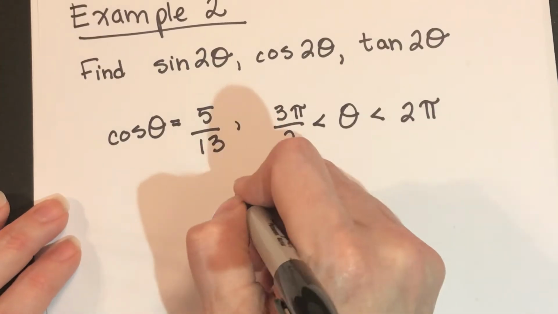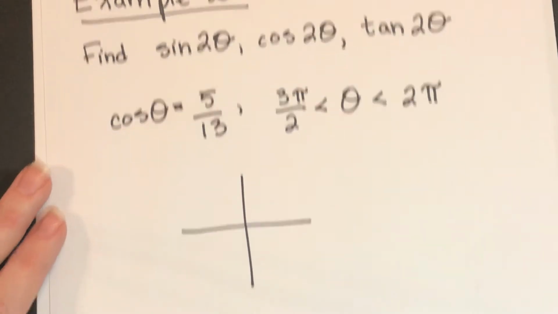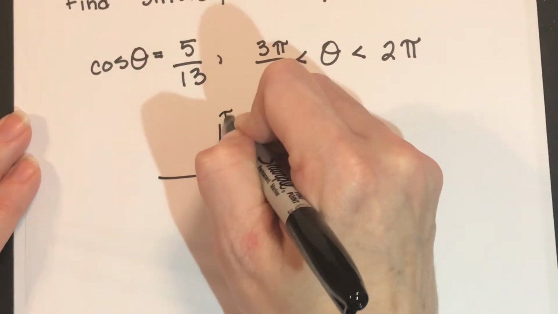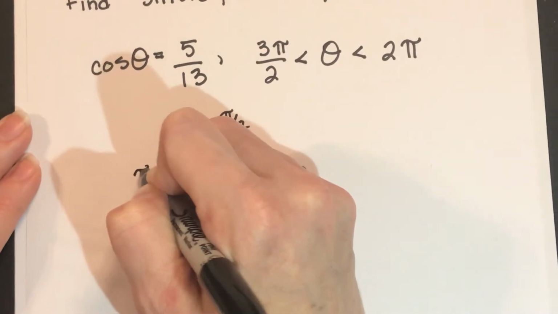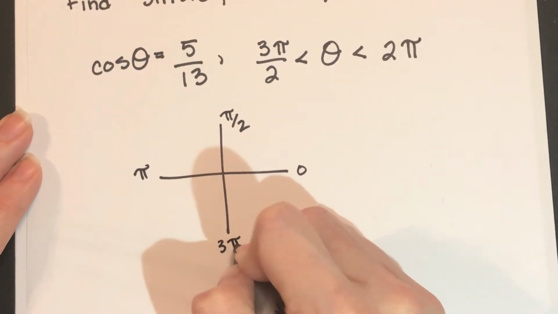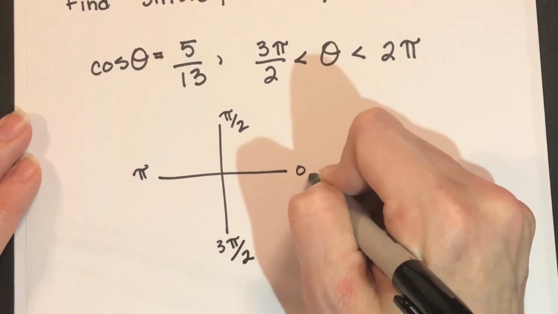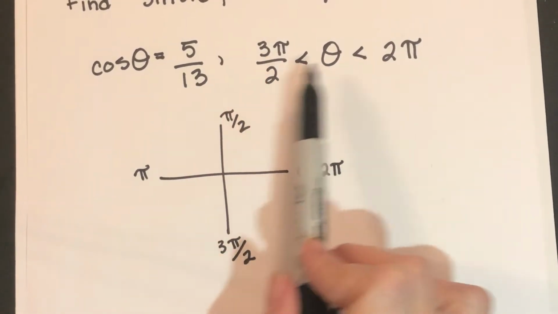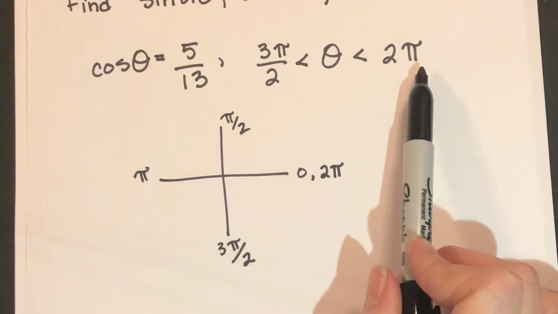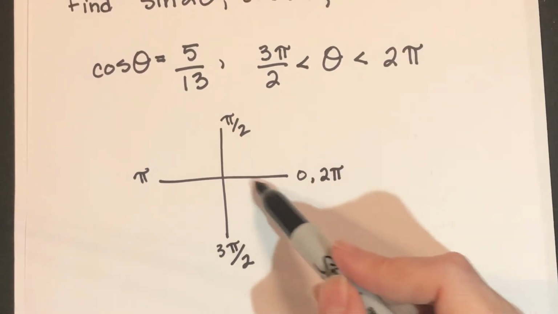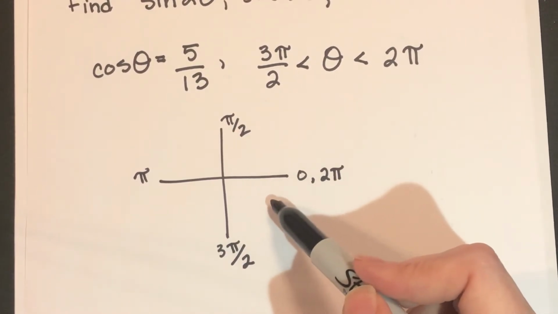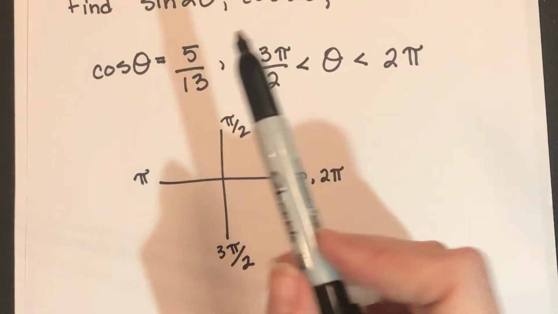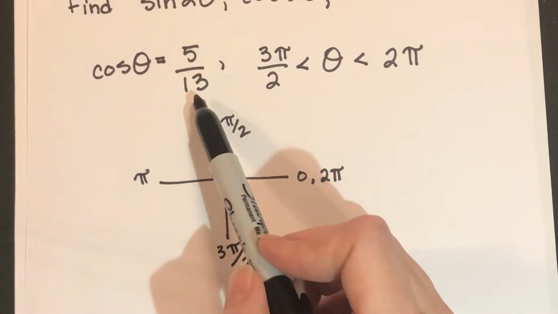If we look at our quadrants, this is 0, this is pi over 2, pi, and 3 pi over 2, and then this is also 2 pi. So your angle is in quadrant 4, and your cosine is 5 over 13.